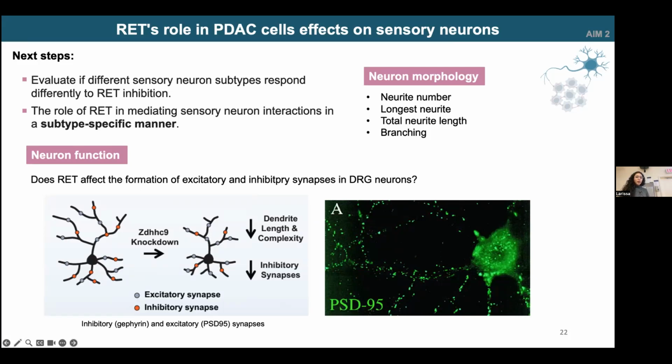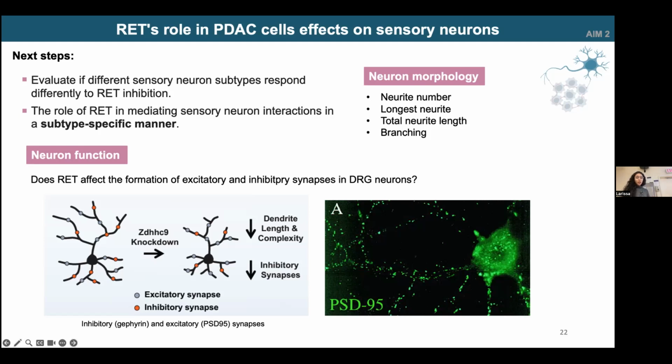These mice will be kindly provided by Dr. Sebastian Tabo from the Department of Biomedical and Molecular Sciences. To assess the impact of RAD activation on neuron complexity, we will measure neurite number, longest neurite, total neurite length, and also the number of branching points.